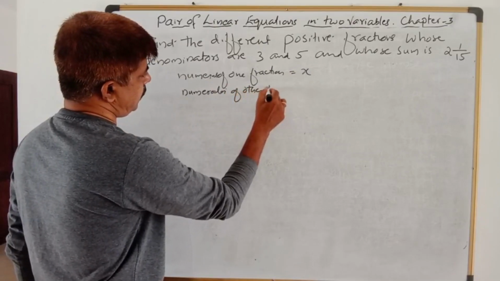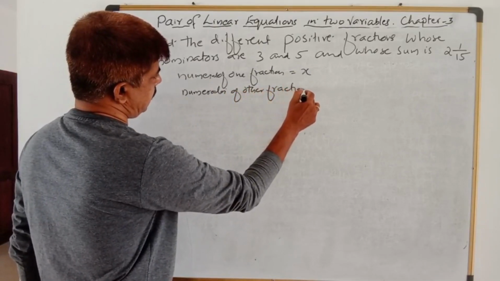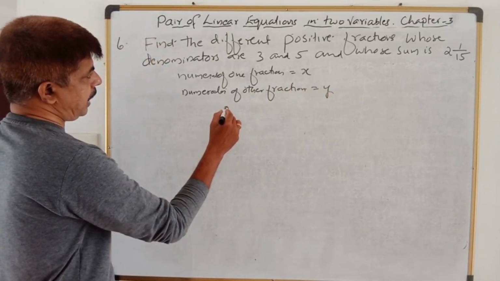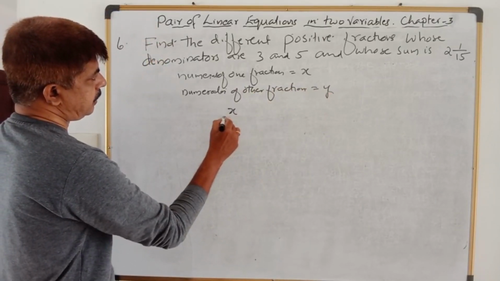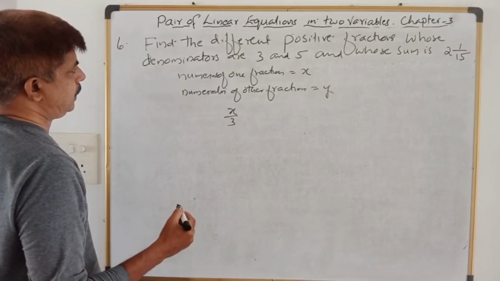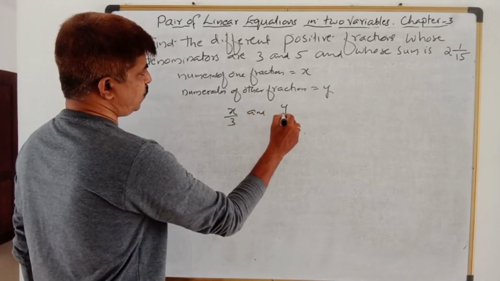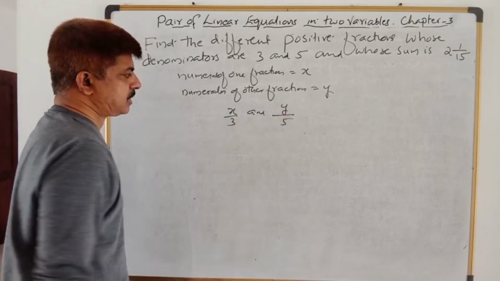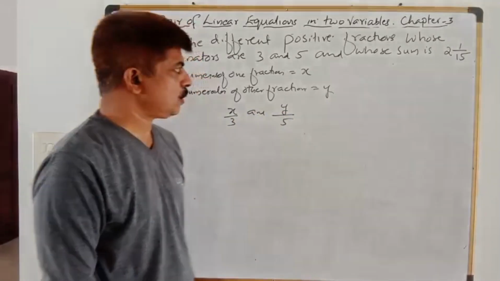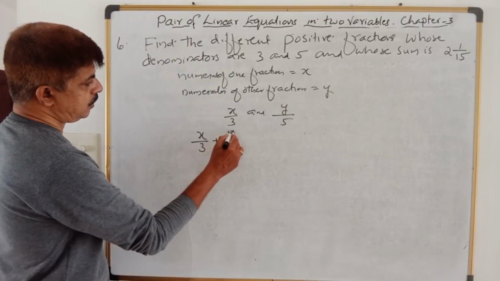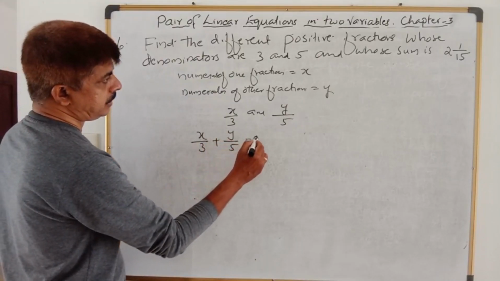So the fractions are x by 3 and y by 5, and these are the two fractions.